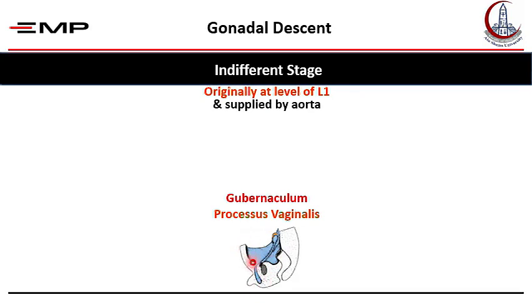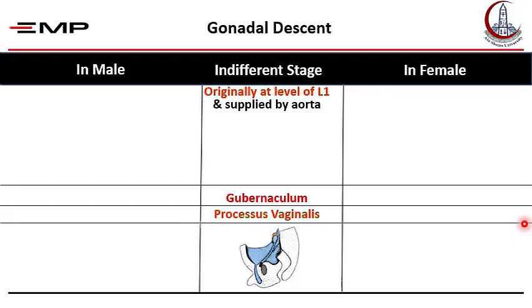In front of the gubernaculum, a pouch of coelom or peritoneum descends into the external genitalia, forming what's called the processus vaginalis. You have to notice that the formation of the processus vaginalis precedes the descent of the ovary, and it occurs in both male and female.